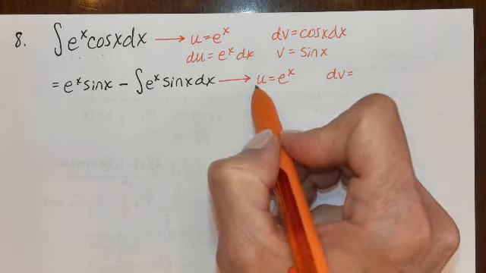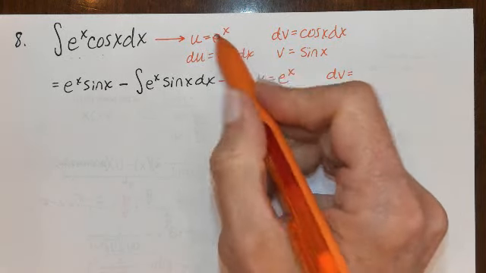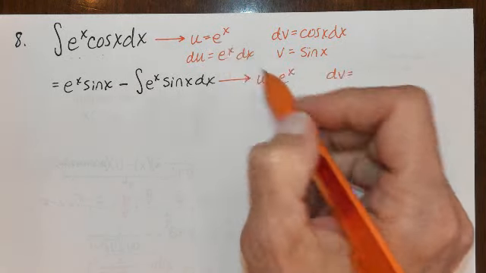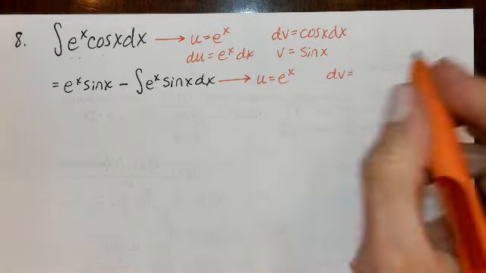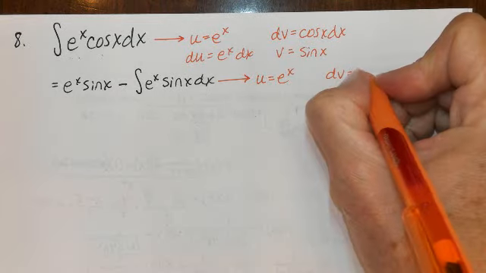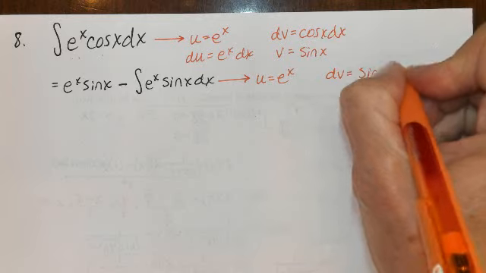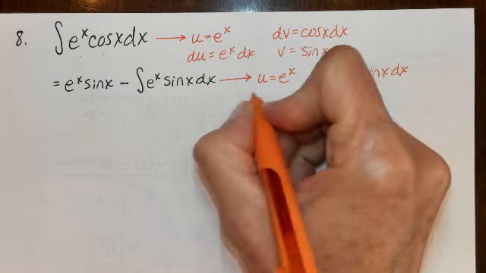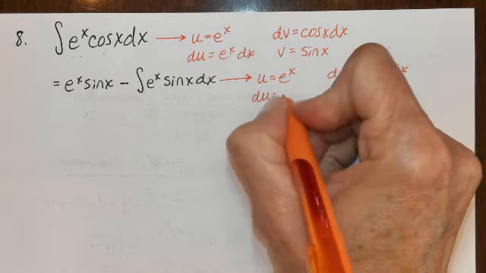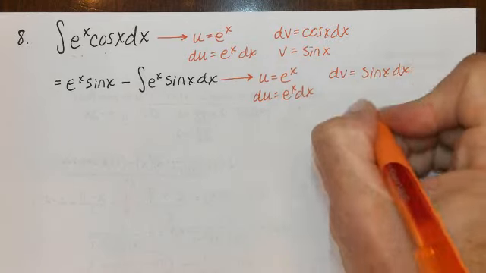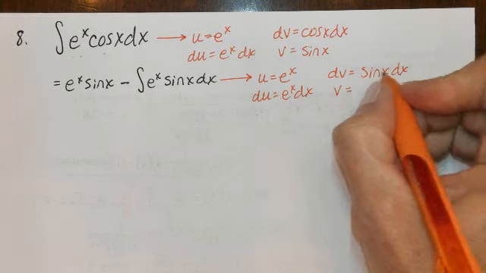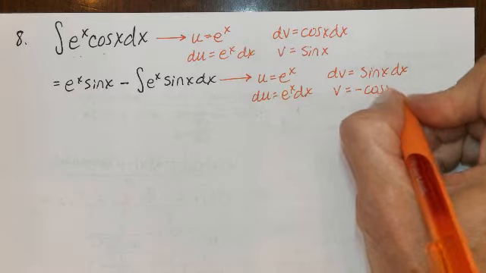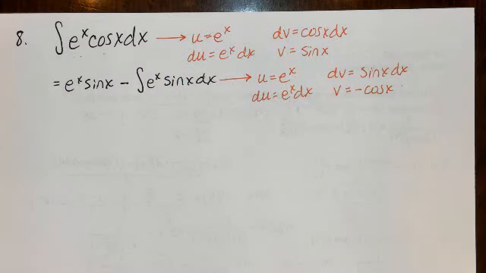Just make sure you stick with either both of them being the exponential or both being the trig. In this case, dv will be sine x dx. So du is e to the x dx again. v is the antiderivative of sine, which is a negative cosine x.